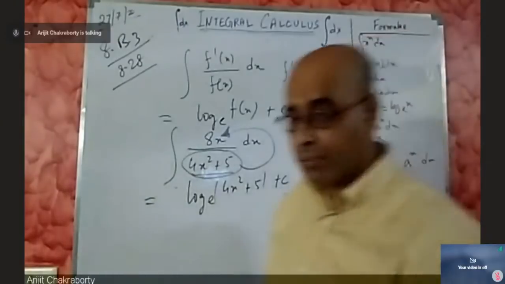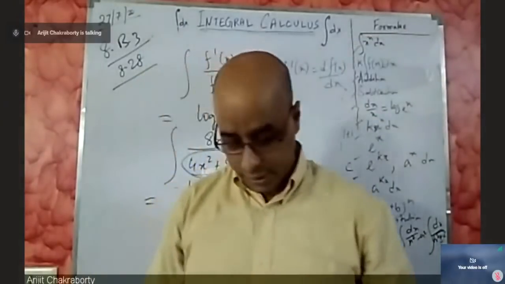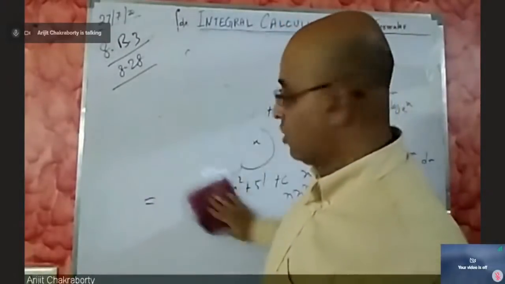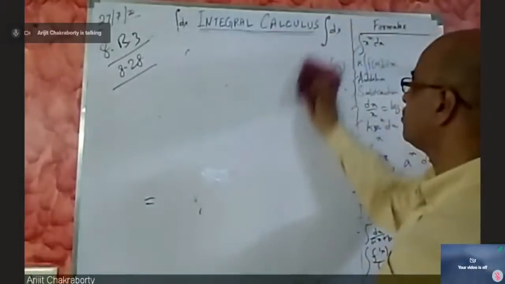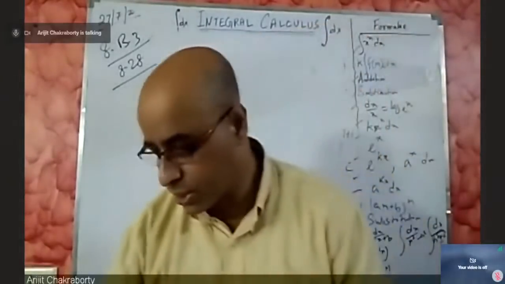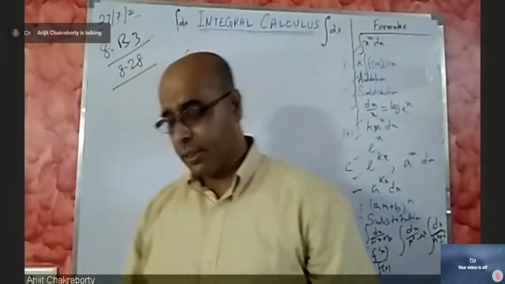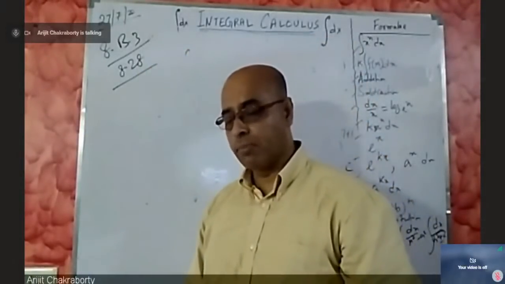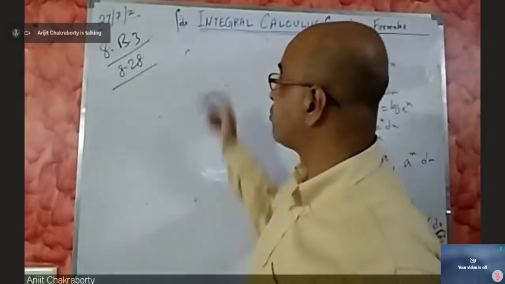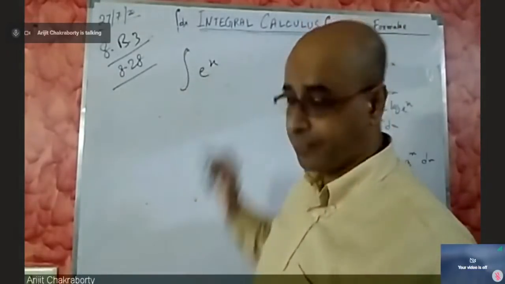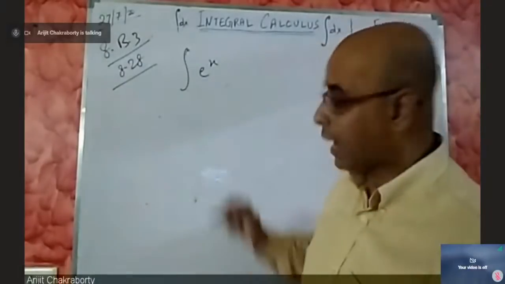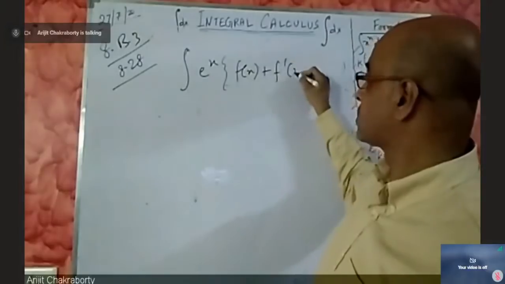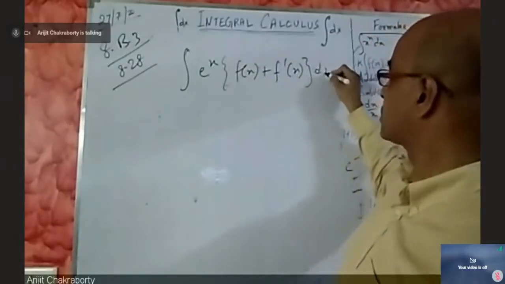Now we will go into the integration by parts. Just wanted to explain this. Of course, a simple formula is, I think let's do it, and that is regarding e to the power x. It is a standard formula. If you get a problem like this, where you have to integrate e to the power x, and the relation is like this, fx plus f dot x dx.